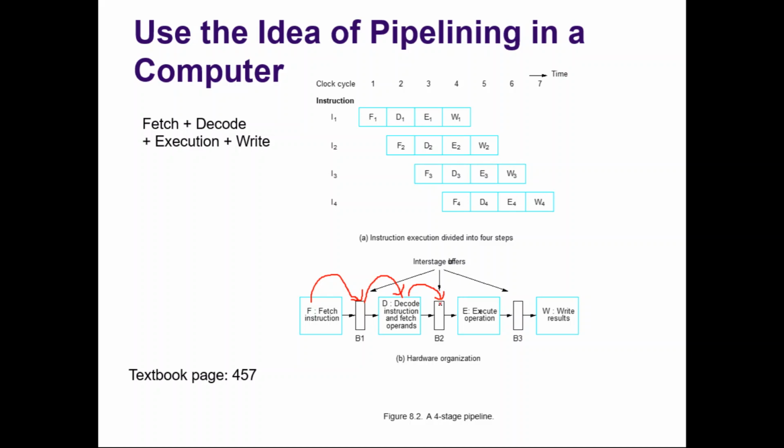The execution unit will take it from buffer B2 and execute. Whatever result comes out of the execution unit will be kept in buffer B3, and the write unit will take the content from buffer B3 and write it to the appropriate memory location or to the appropriate registers. So there are 3 buffers, B1, B2 and B3. Okay, fine.